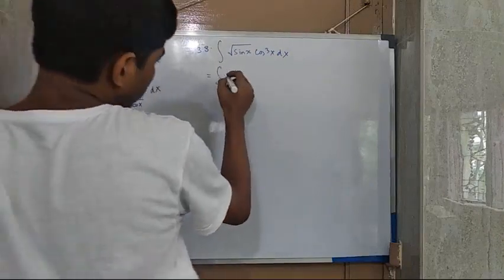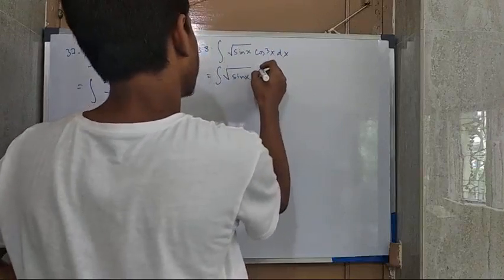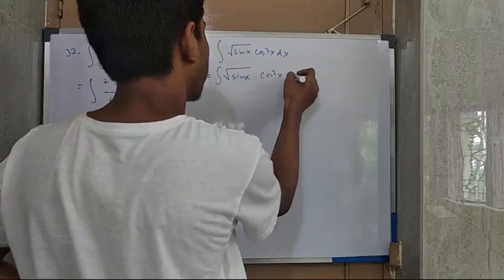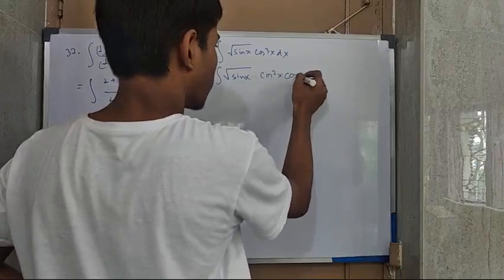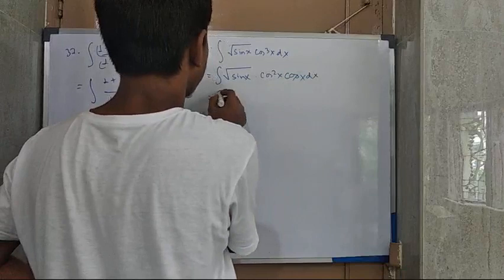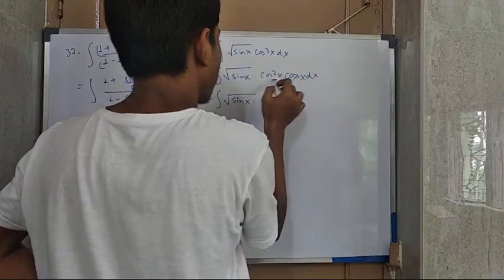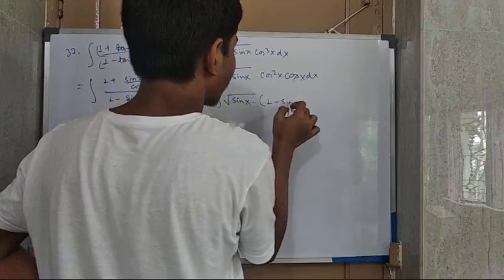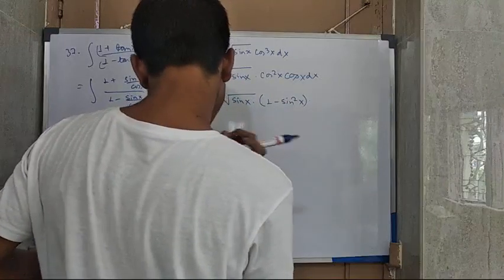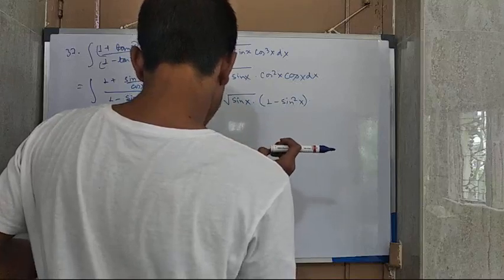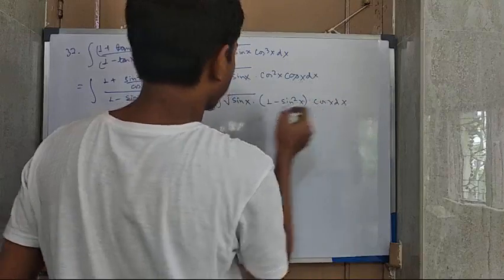So this is actually integral root under sine x times cos square x times cos x dx. I can write cos square x as 1 minus sine squared x, and this is times cos x dx.